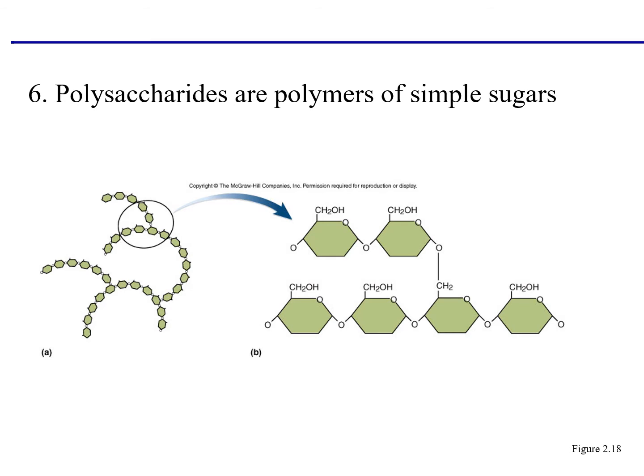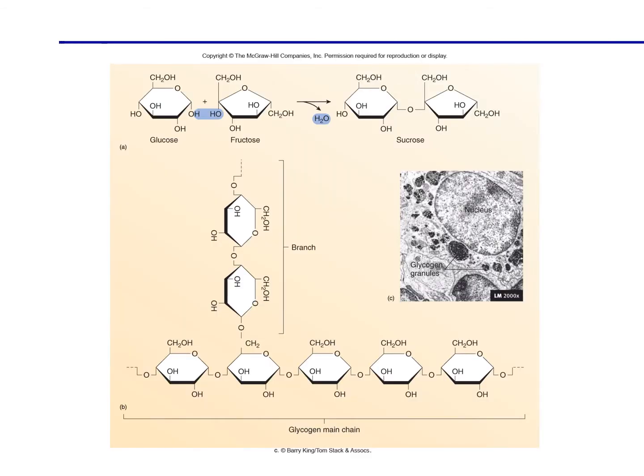So we make glycogen in our muscles and in our liver. And it is there for energy. Your muscle cells will break down glycogen into glucose and use that. The glycogen in your liver is used to maintain your blood sugar levels. When you have excess glucose, you form glycogen.